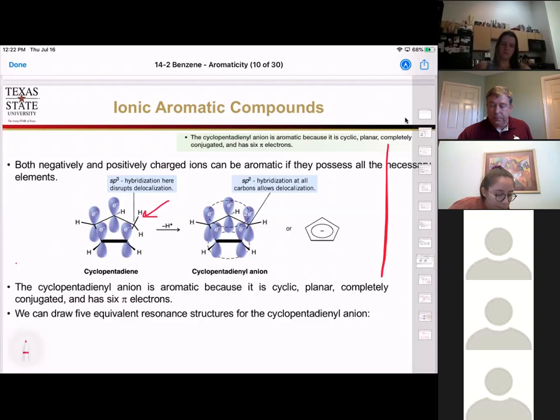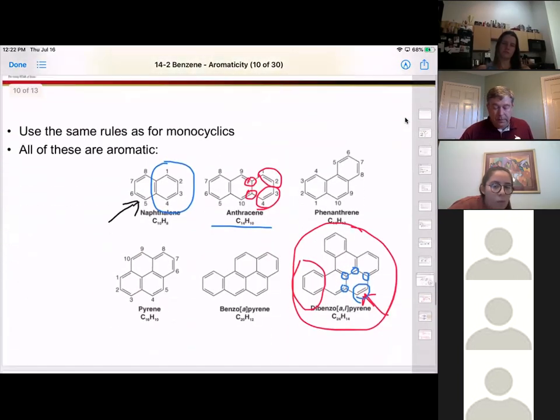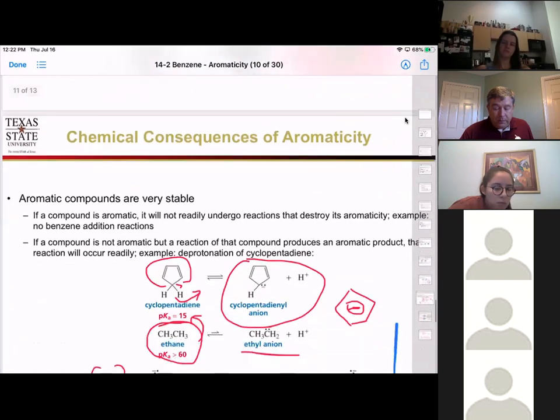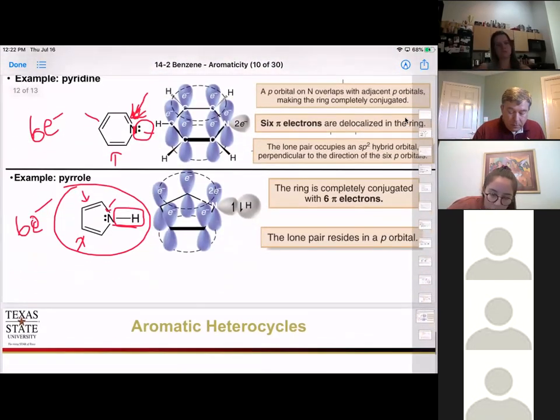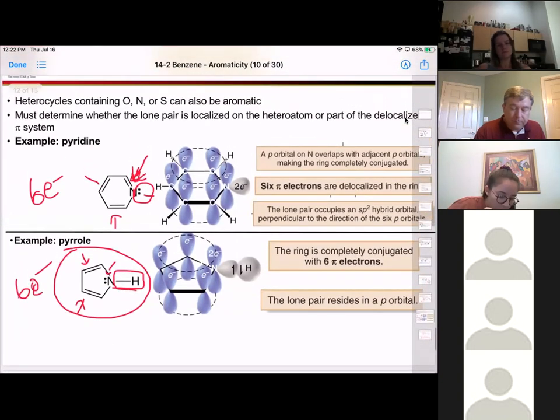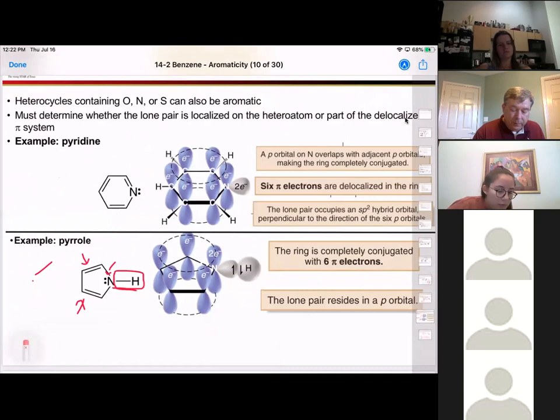All right, okay, so now let's look at which ones do count and which ones don't count. Okay, and when we look at these two, for example, we need to figure out which electrons we do count and which electrons we don't count. And we have to do that by looking at and assigning a hybridization to each of the atoms.